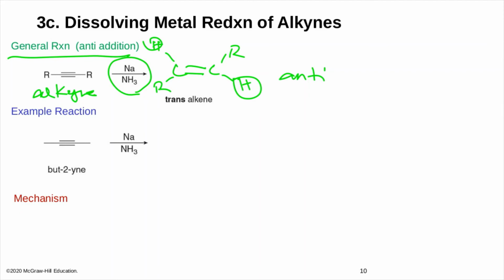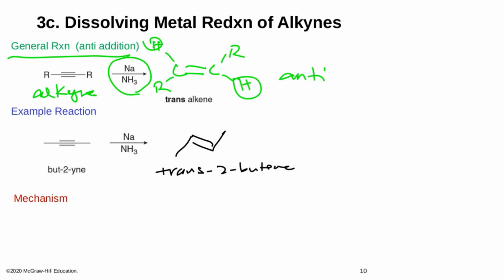For example, with 2-butyne again, if we reduce with sodium in liquid ammonia, that 2-butyne will go down to trans-2-butene. It's stereospecific, so we get that product.